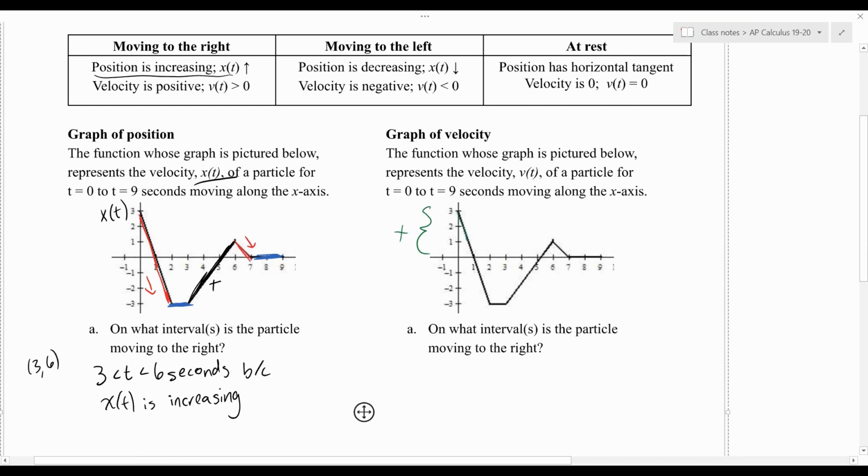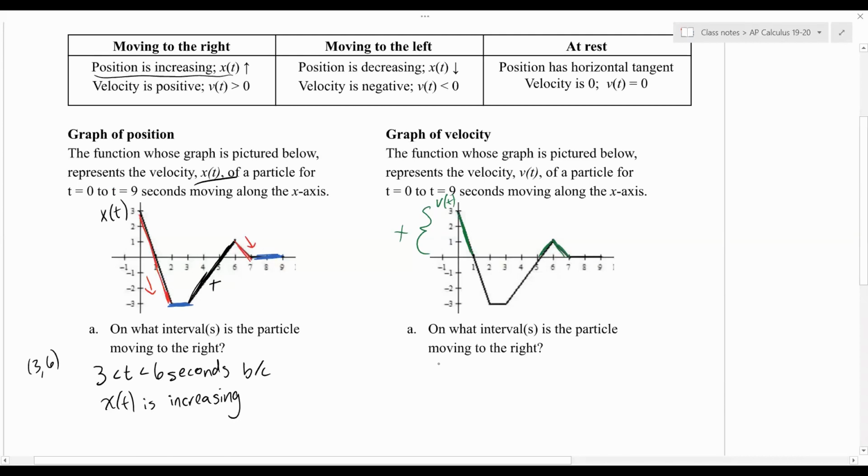So here the velocity is positive, and here the velocity is positive, because it is above the x-axis. The y values here are positive. Our velocity values are positive.